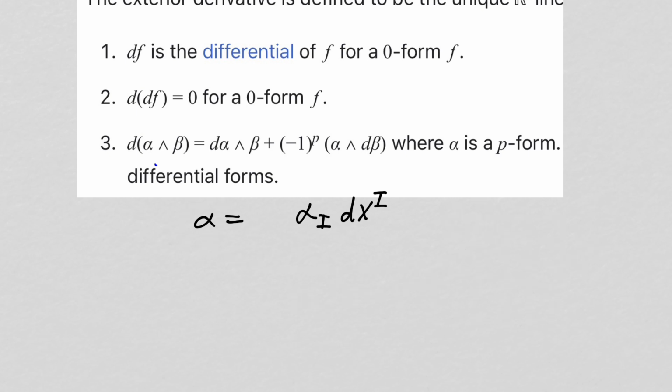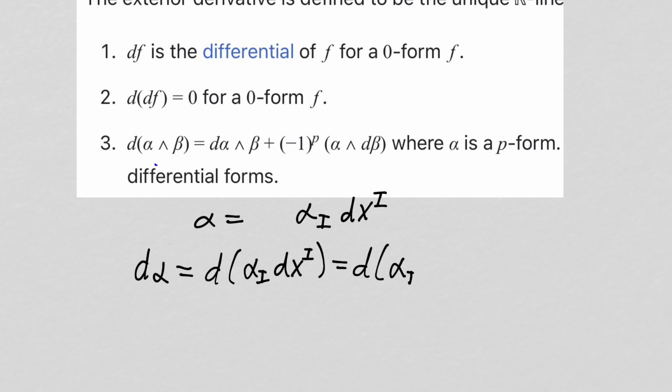So now we take this and treat it very much the same way we did before. We are looking for d alpha, which is d of alpha_I dx^I, which is equal to d of alpha_I, the zero form, wedged with dx^I, which is the k-form. And now we are set up to use this expression here.